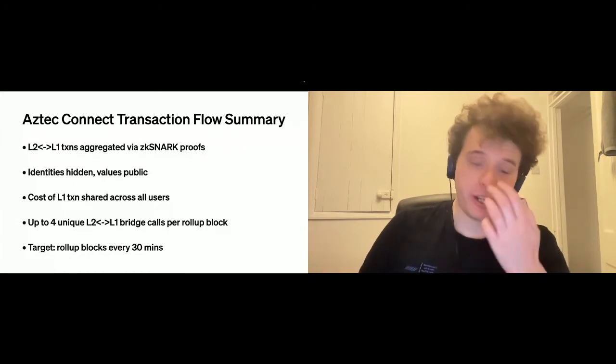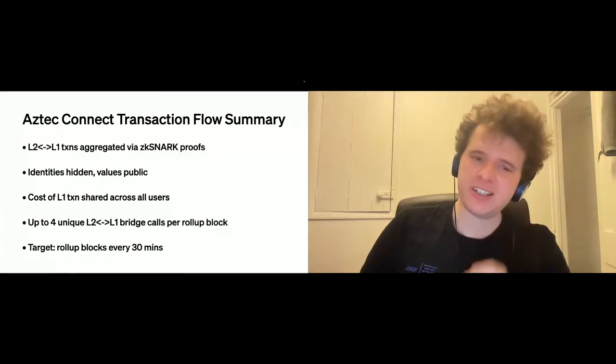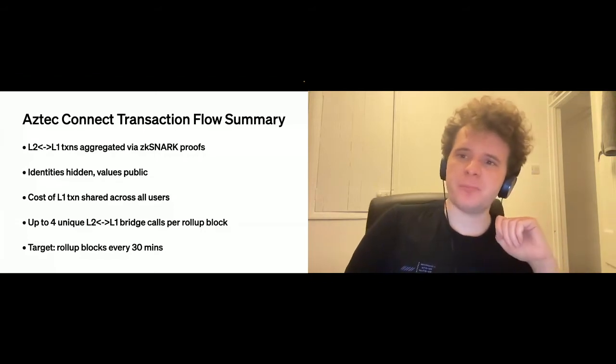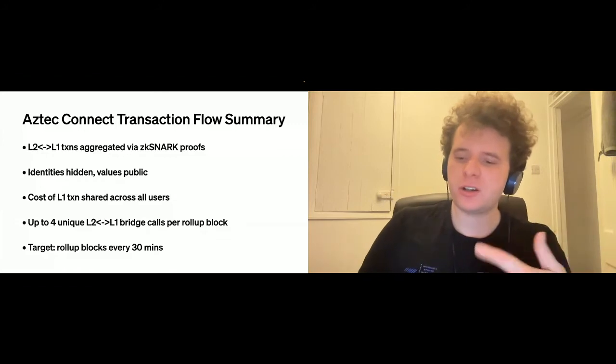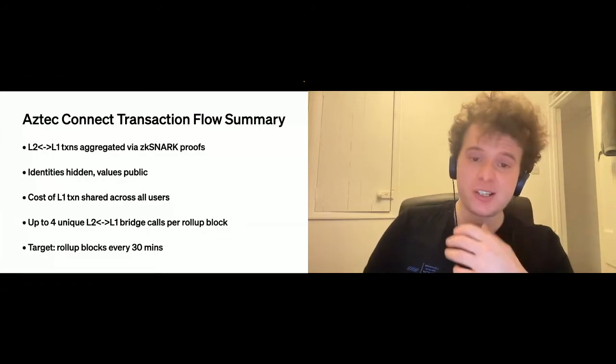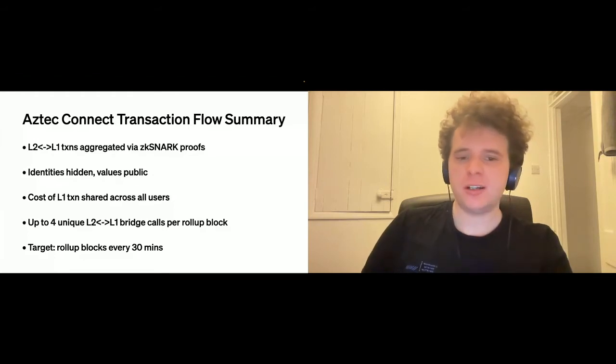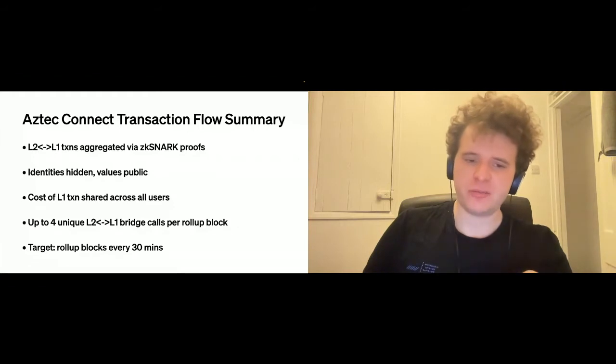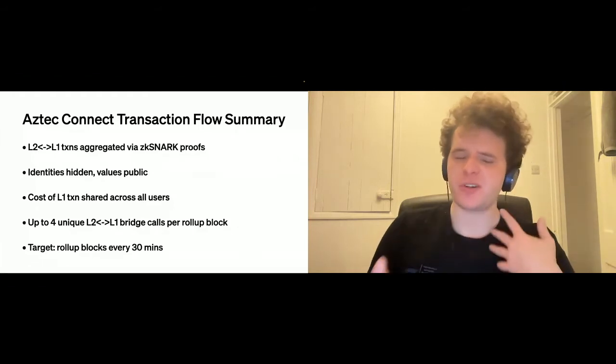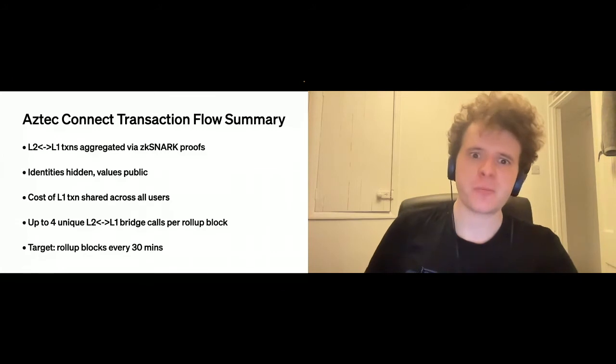But most importantly, for us at least, identities are hidden. When used correctly, it's completely privacy preserving, with a sufficiently large anonymity set. And our target, this is a little out of date, we're going to be targeting Rollup blocks every 10 minutes on the network, but this is very much a function of throughput and demand.